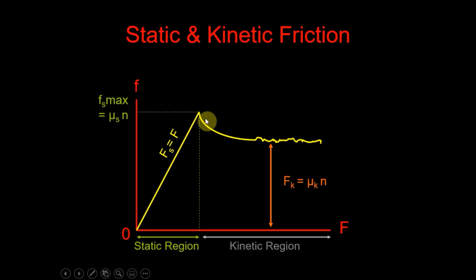Eventually, the driving force will exceed the frictional force. So here the object is not moving and our driving force is building up and up and up. Eventually that force will exceed frictional force at this point and the frictional force will drop. So here's the frictional force dropping down.